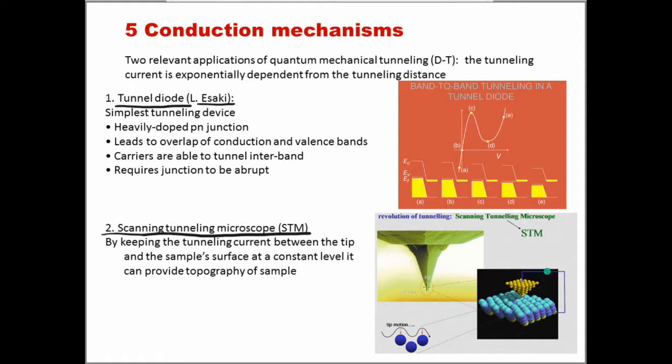So if we imagine having a tip like that, extremely sharp, atomically sharp, I would say, and a surface that is rough, then if we could keep the tip at constant distance from the surface, in such a way that the tunneling current is kept constant, then we could use the motion of the tip over this surface as we scan it to effectively recreate a profile of that surface.